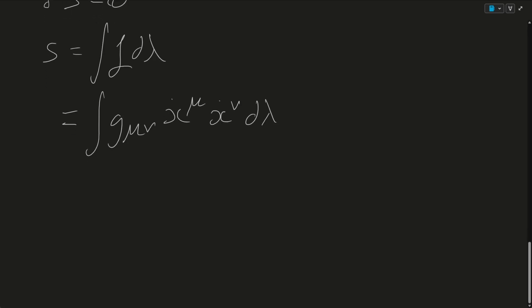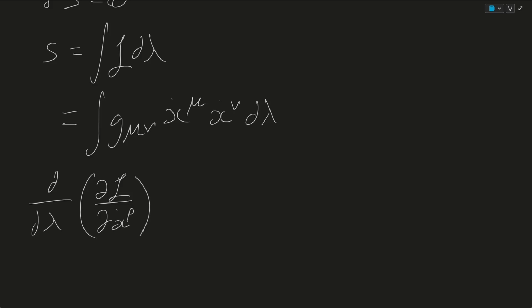As a reminder, the Euler-Lagrange equation for this, why do all my d's look really good now? d lambda of partial L partial x dot rho minus partial L partial x to the rho equals 0.